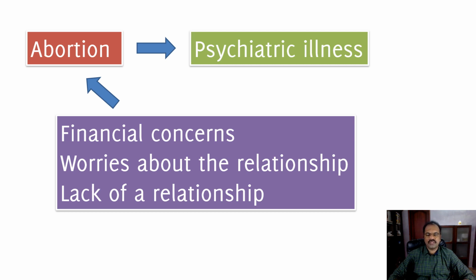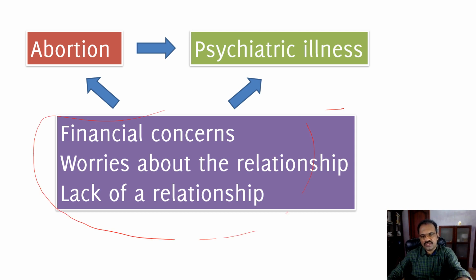Some women may have these, and these factors may lead to abortion because they may not feel secure about their financial abilities to raise the kid, or whether their relationship with their partner will be stable enough to raise the child, and because of these concerns they may have decided to get an abortion. And also these factors, the financial concerns, lack of a relationship, are also risk factors for development of psychiatric illness. So confounding factors like this may have led to both abortion and psychiatric illness.